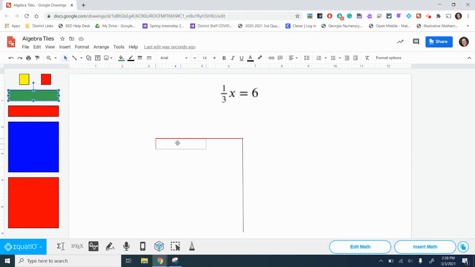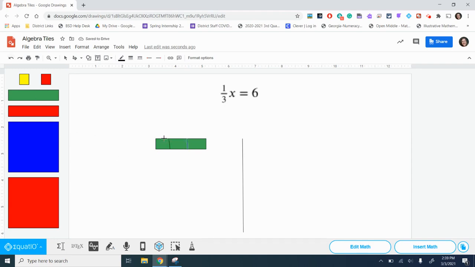So this is x. I'm needing to show 1/3 of x. So how are we going to do that? I'm going to use my scribble tool here, and I'm going to split this up into 3 equal parts.